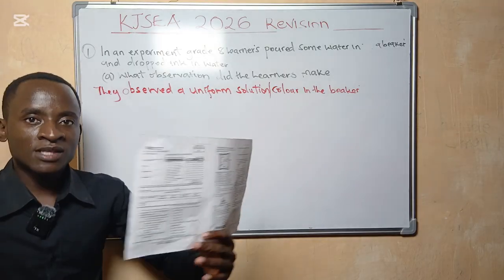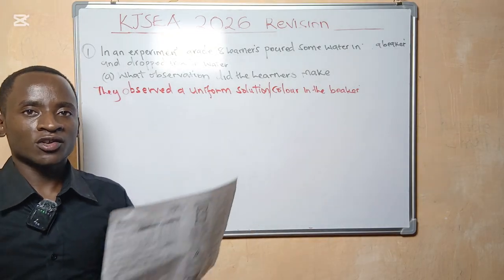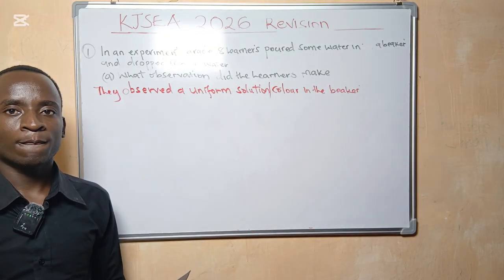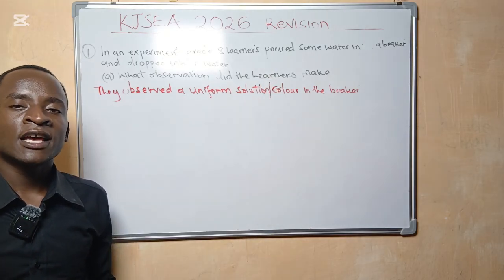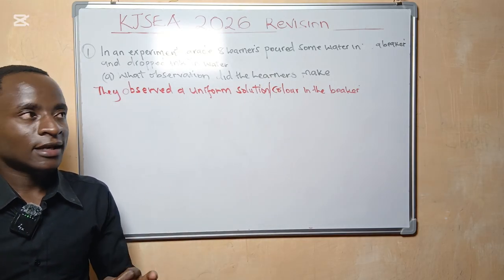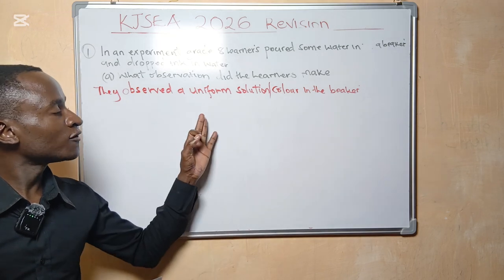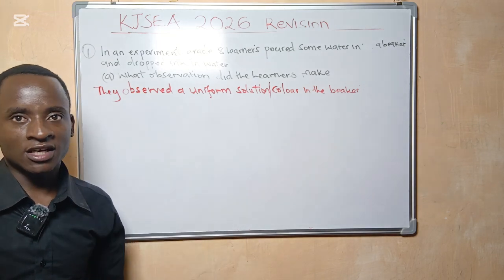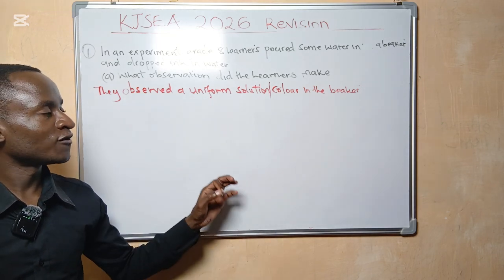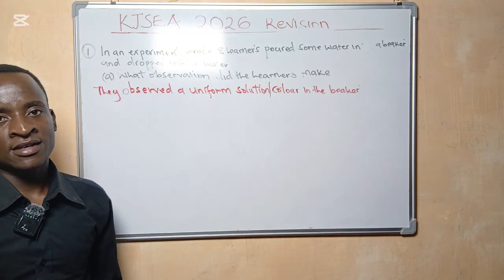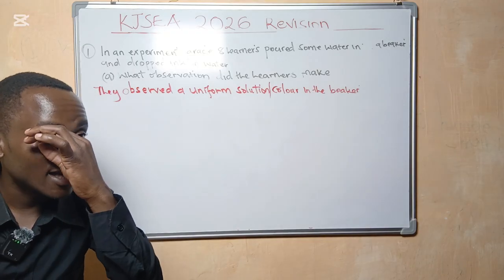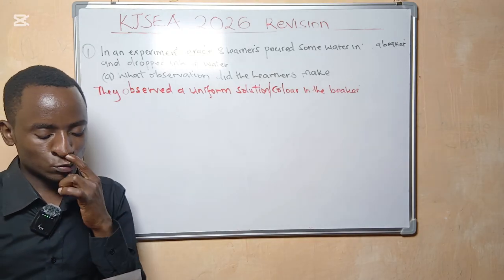So these learners observed a uniform color in the beaker, or a uniform solution in the beaker, depending on the color of the ink. For instance, if the ink was purple in color, they would be able to observe a uniform pink solution in the beaker, or a uniform pink color in the beaker. So they were able to see the color with their eyes.